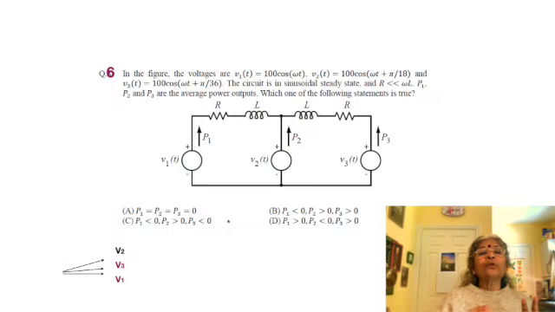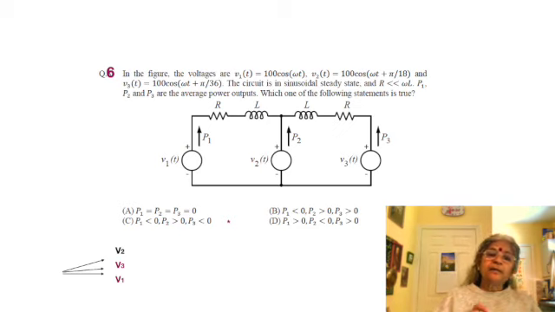There are two aspects to see from where the power is generated or which delivers the power. One aspect is that the magnitude of the voltage should be larger. In this case all the magnitudes are equal. So now we come to the second aspect.